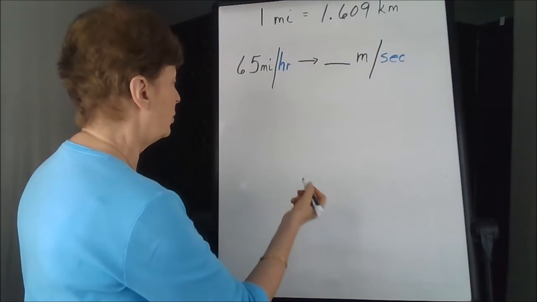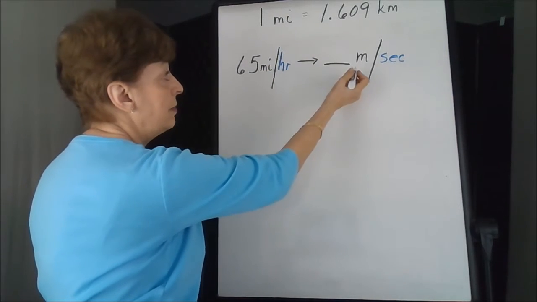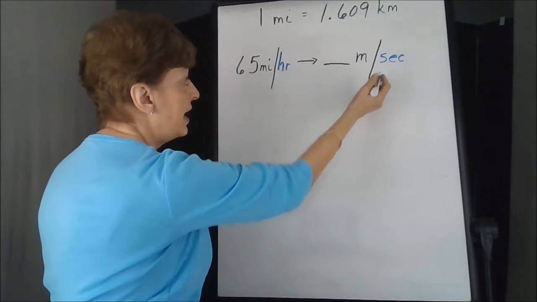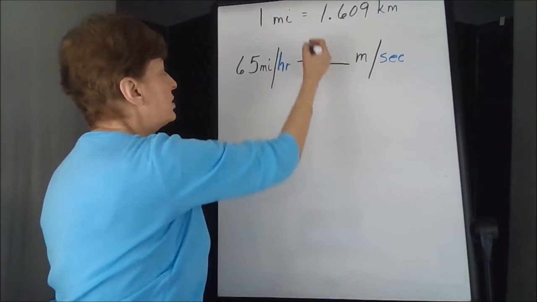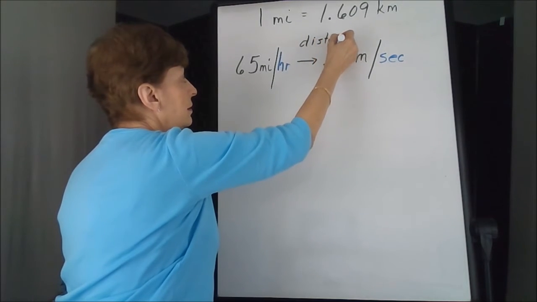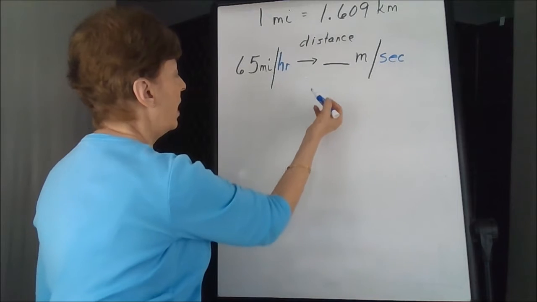Our grid, where we are tracking miles and meters, that's the distance, and hours and seconds, that's time. So we're doing a distance, and we're tracking time.